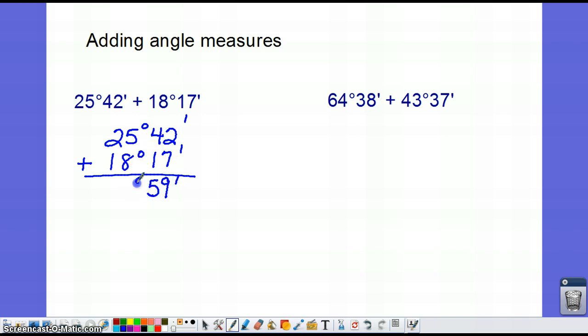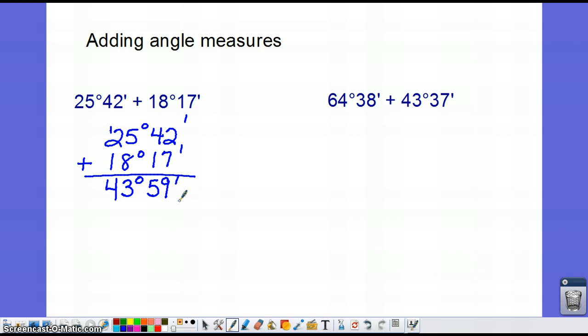That's 59 minutes. Now for our degrees. 8 plus 5 is 13, so 3 carry the 1, and then that gives us 4. So 25 degrees, 42 minutes, plus 18 degrees, 17 minutes, gives us a total of 43 degrees, 59 minutes.